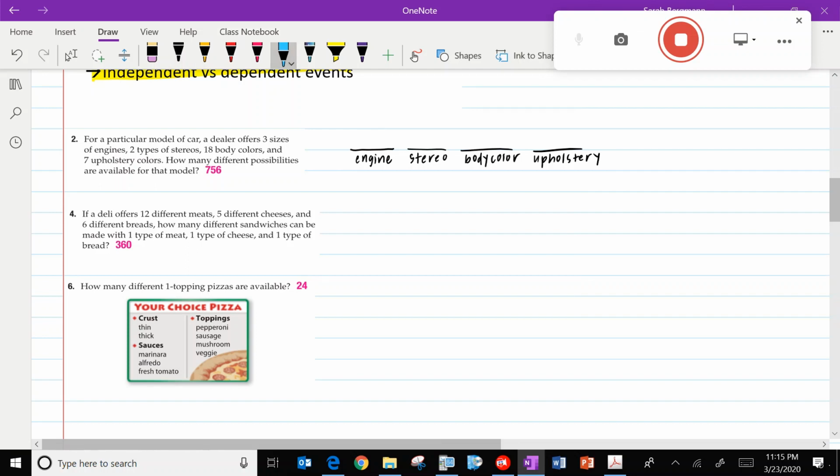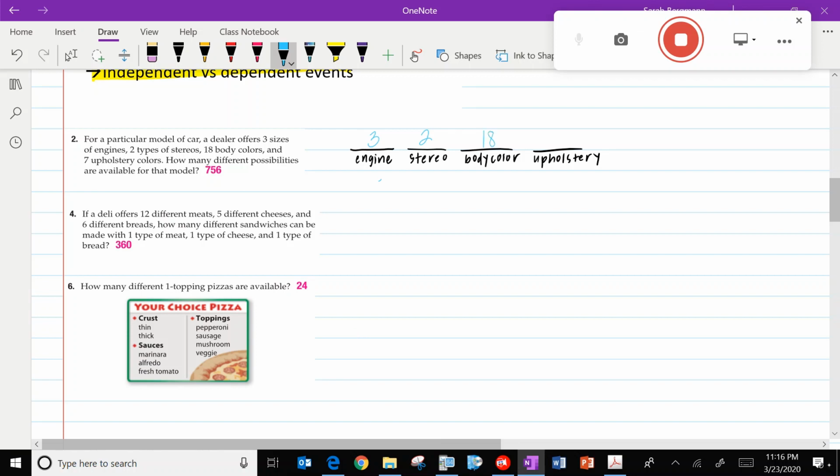On the lines, what I like to do is put how many choices I have for possible outcomes for each event. So for the engine, there are 3 possible sizes, so I know there's 3 different possible outcomes for this event. For the stereos, there are 2 options, so there's 2 possible outcomes for choosing a type of stereo.